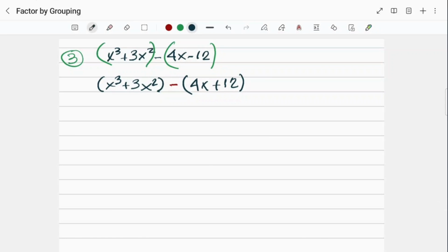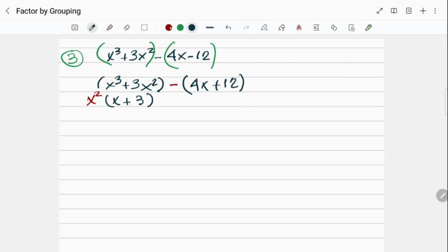In my first parenthesis, the common factor is x squared. X to the power of 2 is a common factor of x and plus 3. x squared is a common factor of x cubed and 3x squared.